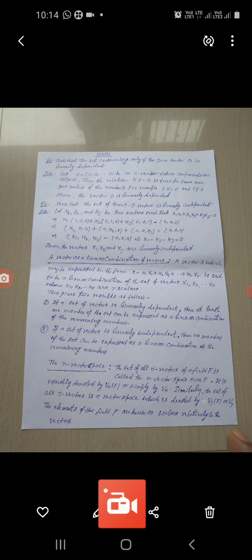Solution: let k1, k2 and k3 be the 3 scalars such that k1 x1 plus k2 x2 plus k3 x3 is equal to 0.